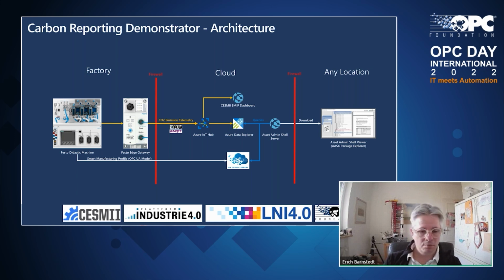Sometimes an asset also has other emissions, which you can probably calculate if you had access to the OPC-UA information model and a real-time telemetry stream of data as it's producing things. So obviously you need the cycle time to calculate the carbon footprint of each part that it produces.